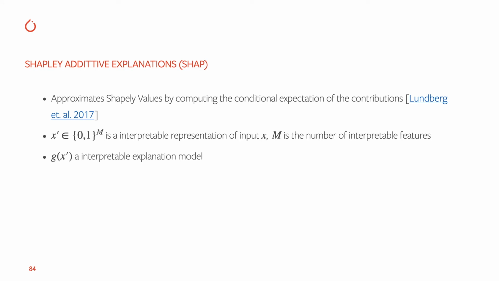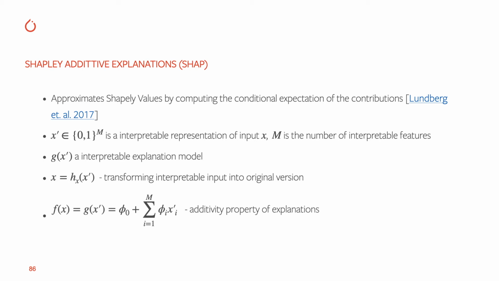Similar to LIME, here as well, we define an interpretable explanation function g that takes x prime as input. And analogous to LIME, we have a transformation function hx that helps us transform inputs in the interpretable input space into the original input space.